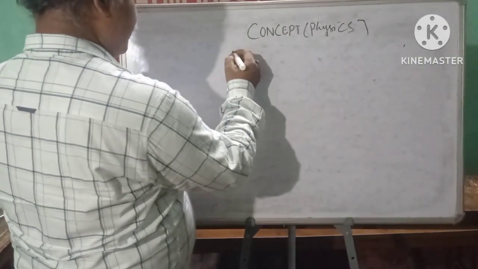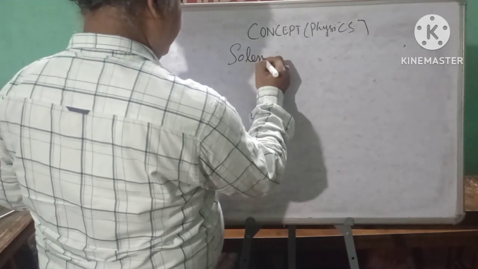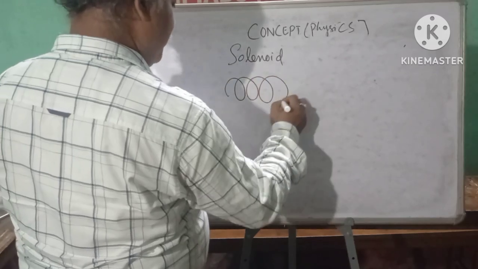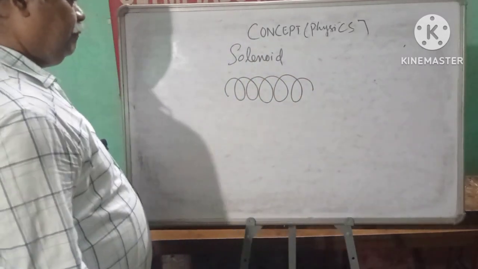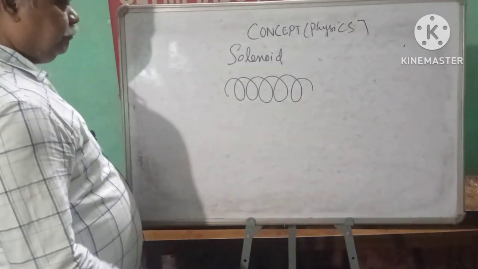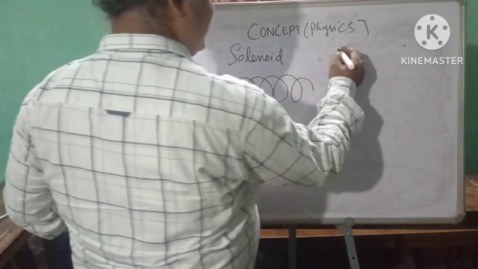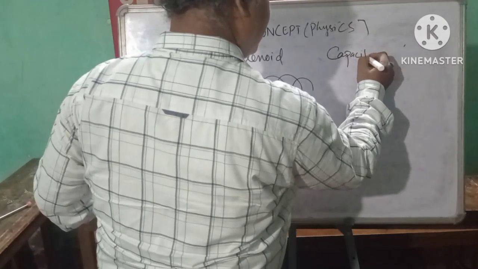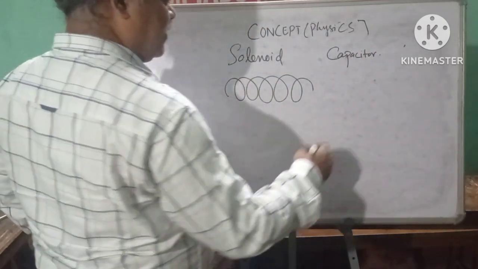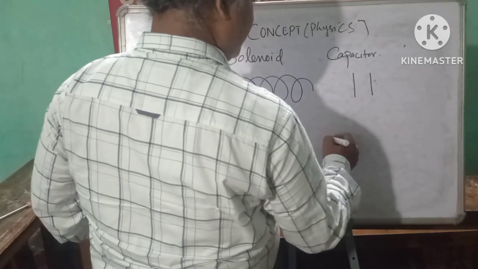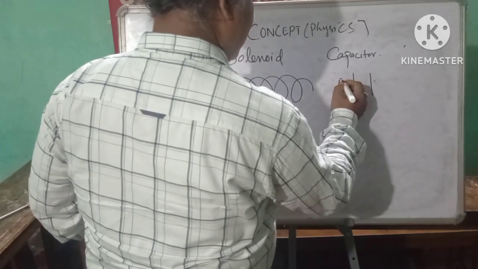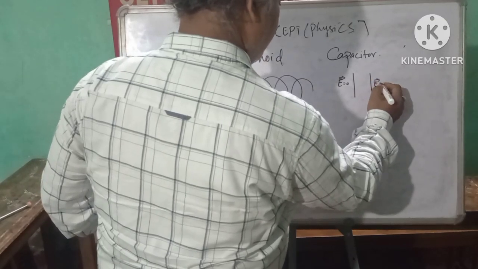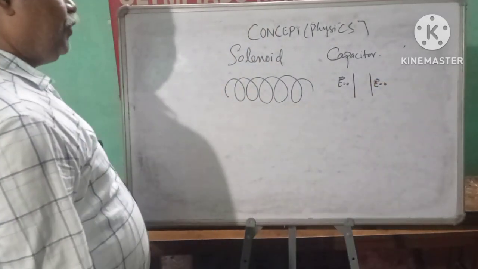Now solenoid. Here you see the solenoid concept. I am dealing with only the concept of the solenoid. Like in a parallel plate capacitor, you know that the electric field outside the capacitor is 0.